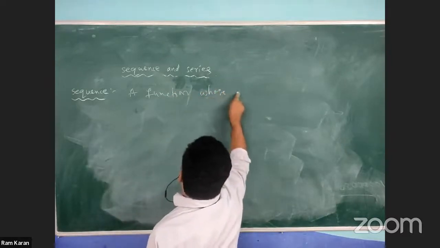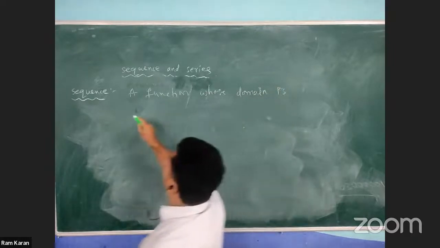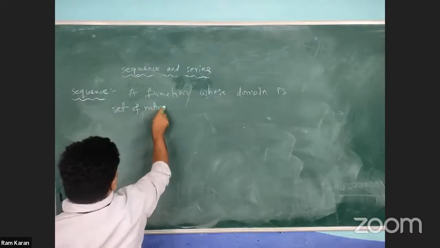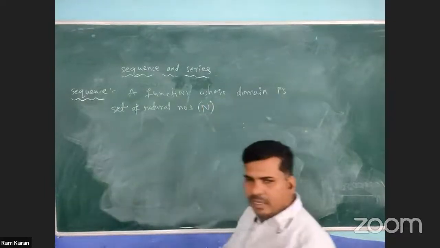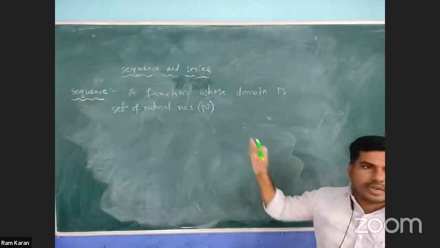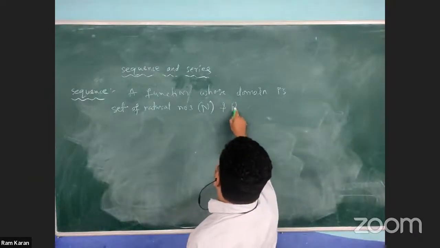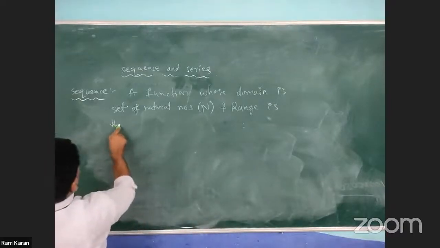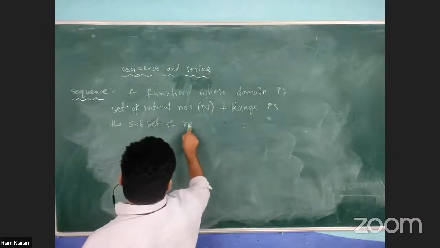whose domain is the set of natural numbers, capital N. Domain, range, everything you read. If you know that, fine, otherwise just write down the definition in detail. We'll repeat this once again. And the range is a subset of real numbers.